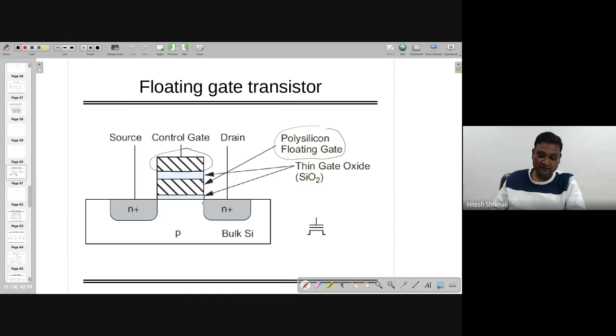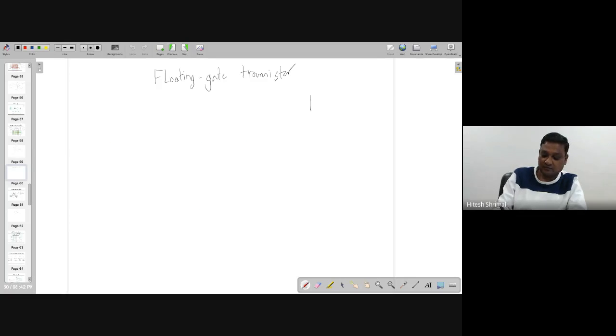Because of that, I'm going to introduce a new symbol to you, which is going to have three lines over here. This might be source or drain, and this might be drain or source, as you know, depending on the voltage you can change it. And this is the gate, and what we are connecting here is a floating gate.